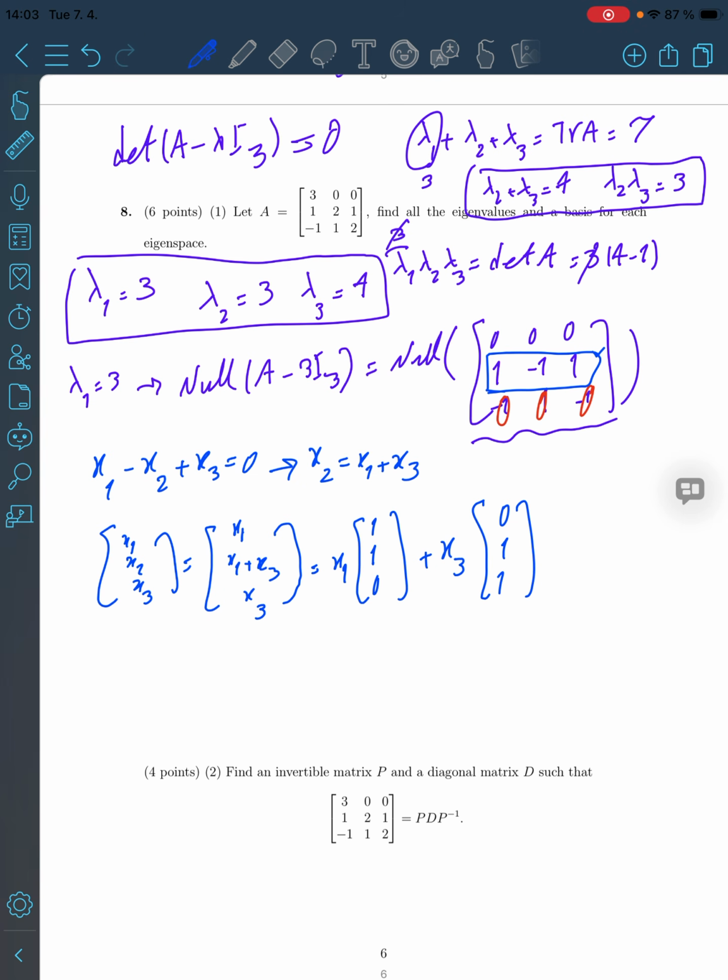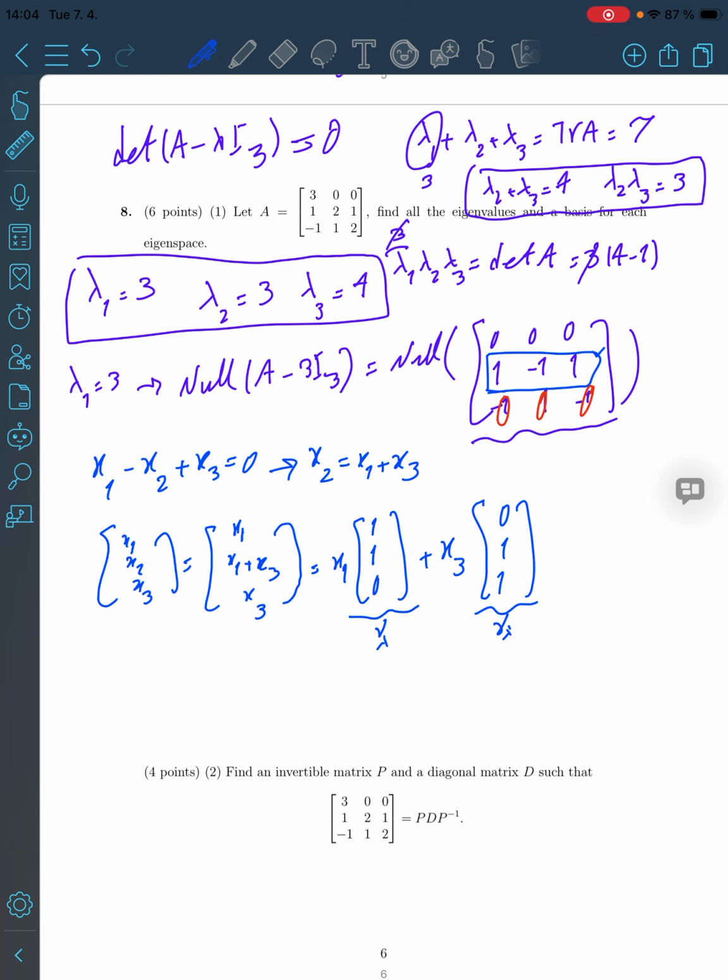So this gives us the eigenvectors. We have two eigenvectors, this one and this one, v lambda and v lambda prime.